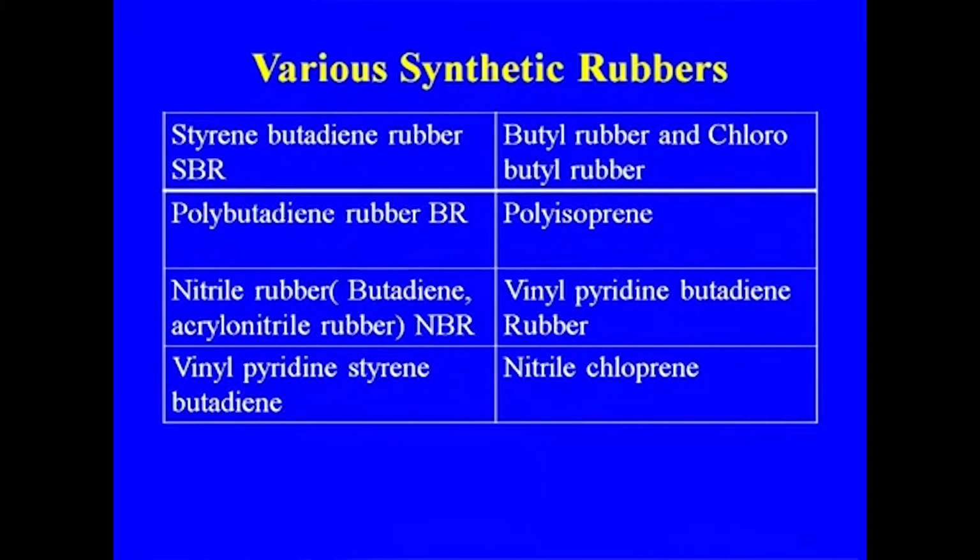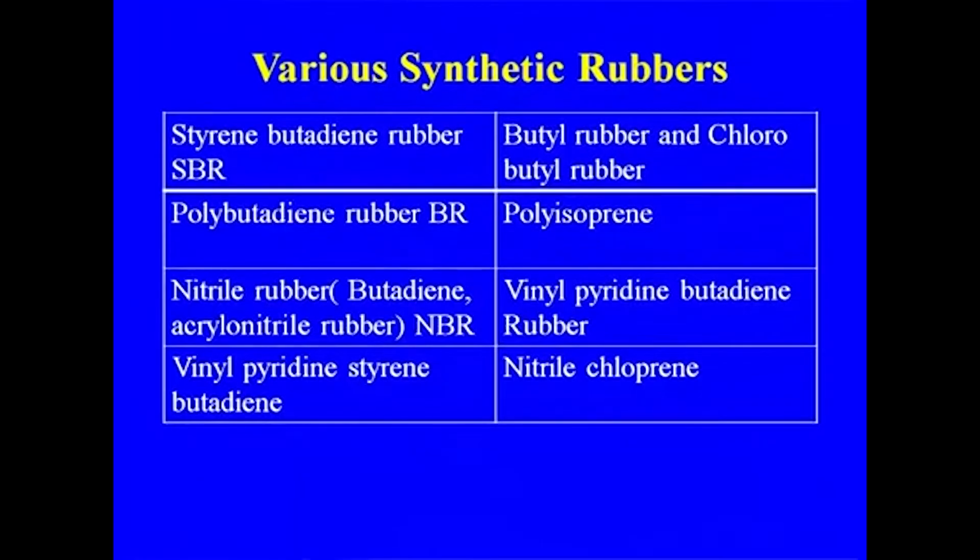Vinyl pyridine styrene butadiene rubber, butyl rubber and chlorobutyl rubber, polyisoprene, because isoprene, while discussing C4 and C5, I said about 8 to 10% is available from the C5 stream of the cracker plant or the FCC, so that can be recovered and made available to the synthetic rubber industry.